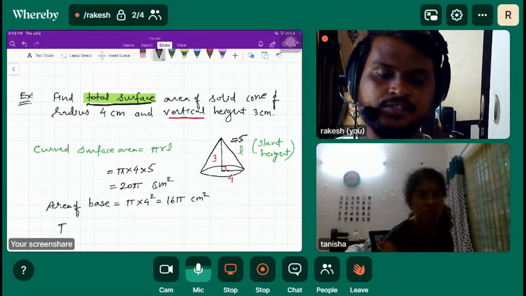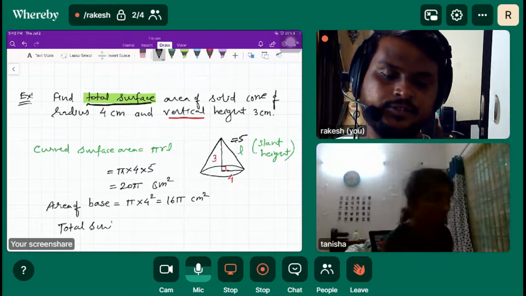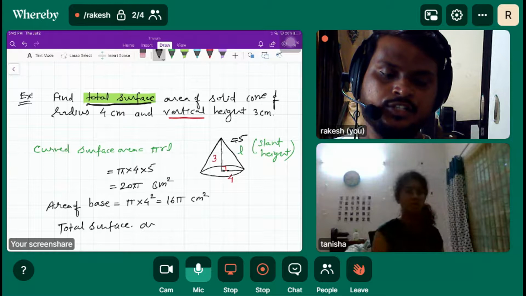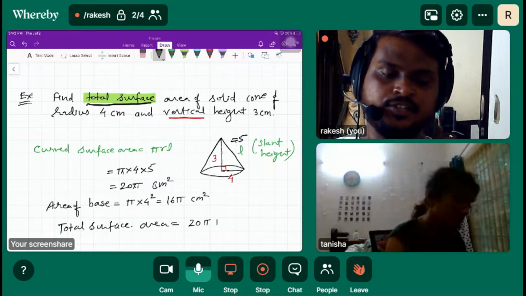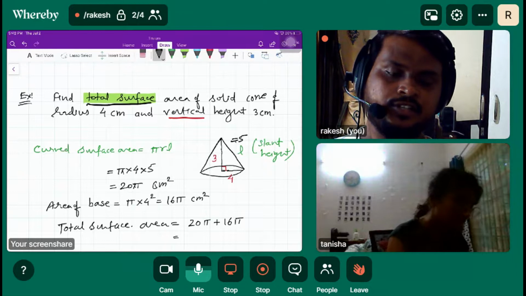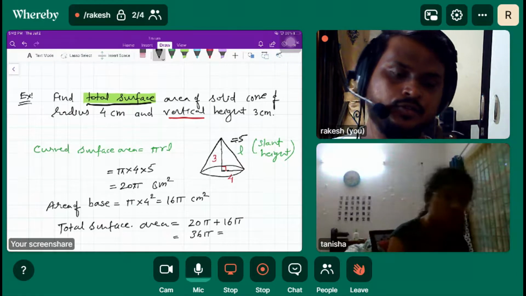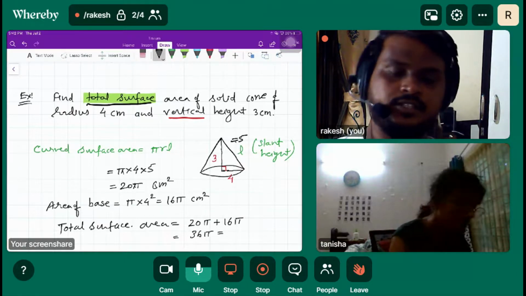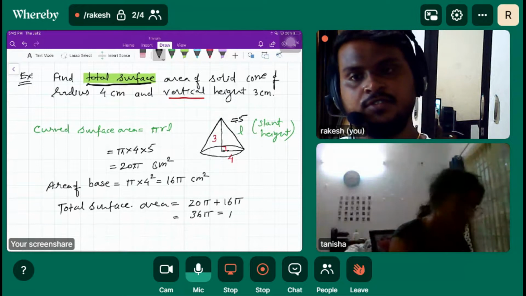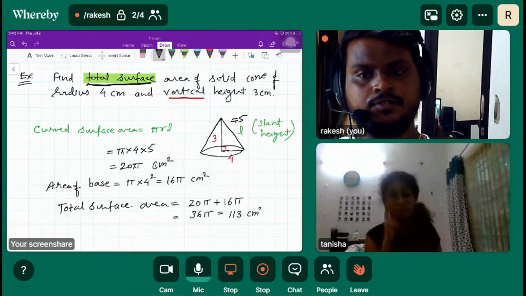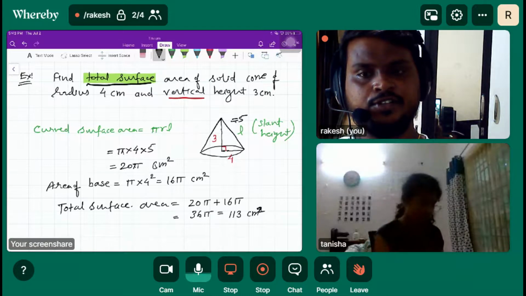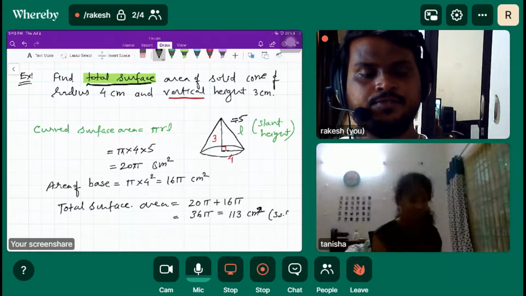Now the total surface area is equal to 20 pi plus 16 pi, which is 36 pi. If you simplify this, you will get near about 113 centimeter square for three significant figures.